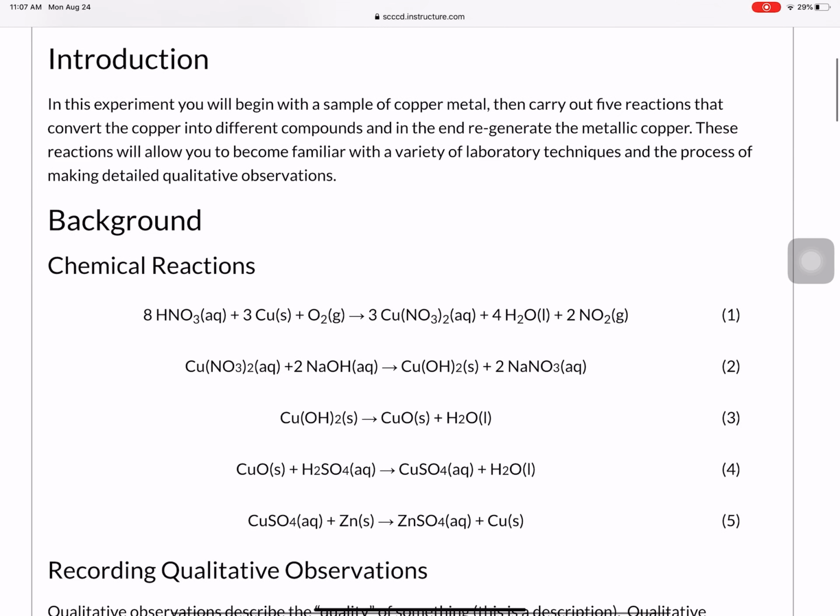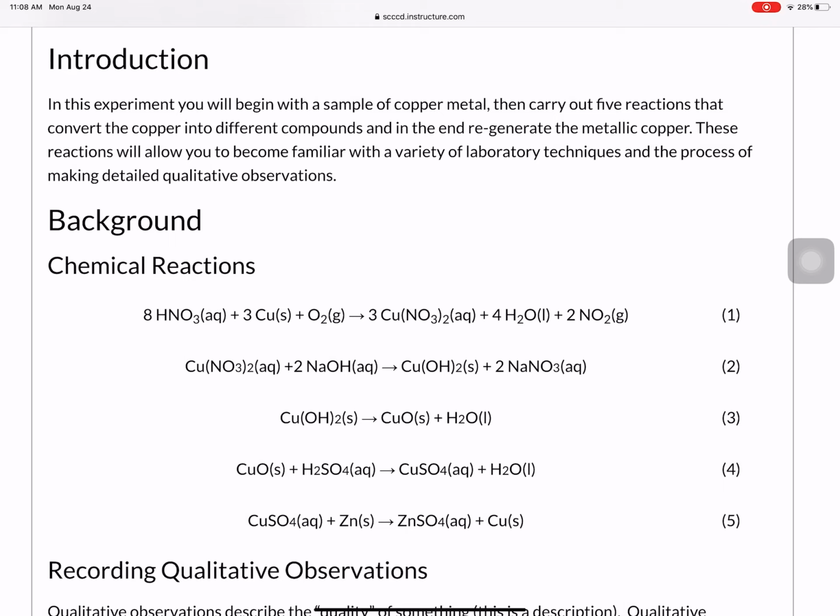So the idea here is we're going to be taking some copper metal and carrying out 5 different reactions that convert copper into different compounds. And then at the end, we're going to regenerate the metallic copper. The idea here is not really studying the individual chemical reactions, but they're really cool to look at.